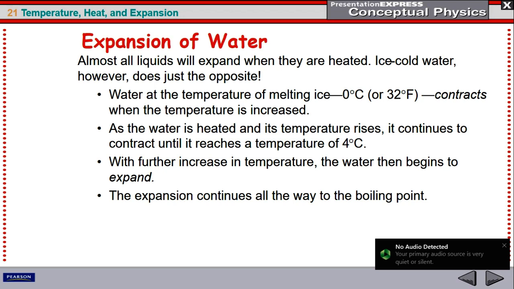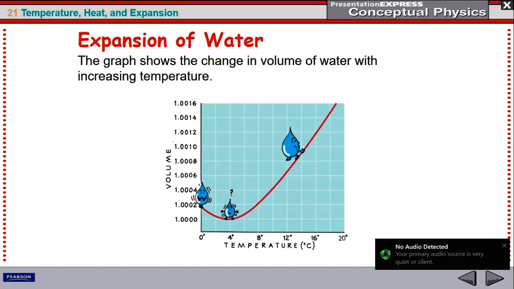However, water at 0 degrees Celsius contracts when the temperature is increasing. This strange behavior continues until the temperature reaches 4 degrees Celsius. After that, normal behavior starts and water starts to expand. Expansion continues all the way to the boiling point.